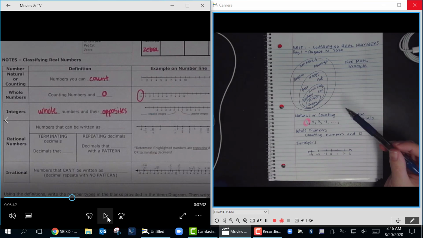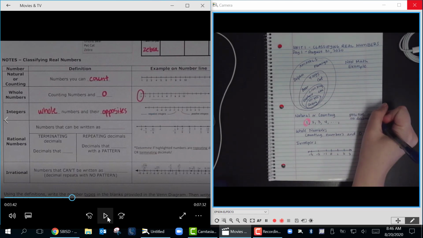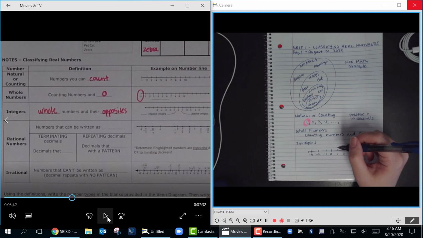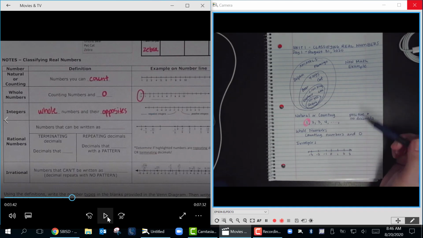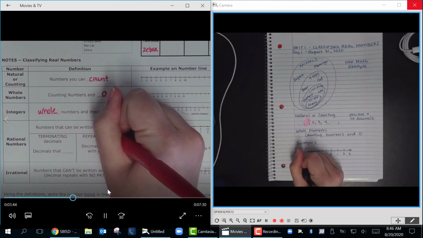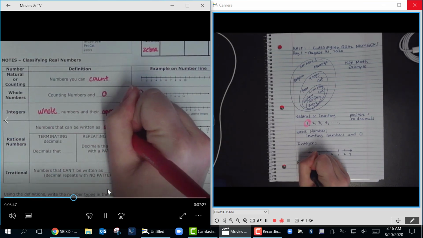Remember when I said natural numbers are positive, so I wrote down positive. Maybe you write down a plus sign because you know what positive means. No decimals, writing out those words so you know how they connect to each other. Numbers that can be written as a fraction.